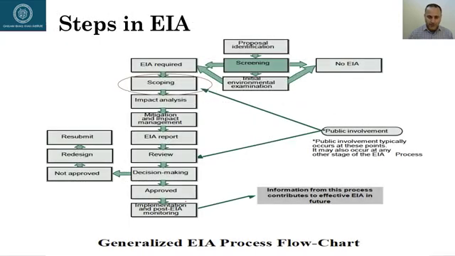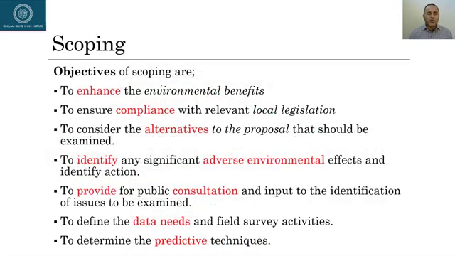Now, scoping. I'll read through it because these are very easy to understand. The objectives of scoping are to enhance the environmental benefits, which is one of the main purposes, to ensure compliance with relevant local legislation, and to consider the alternatives to the proposal that should be examined.